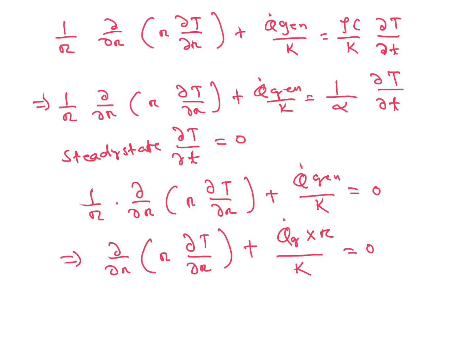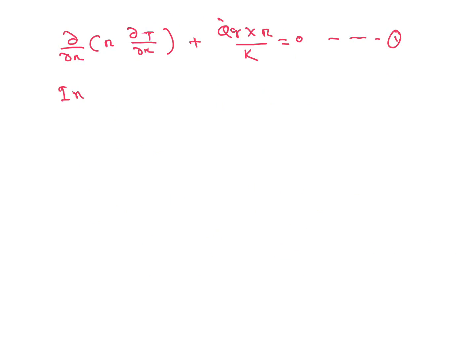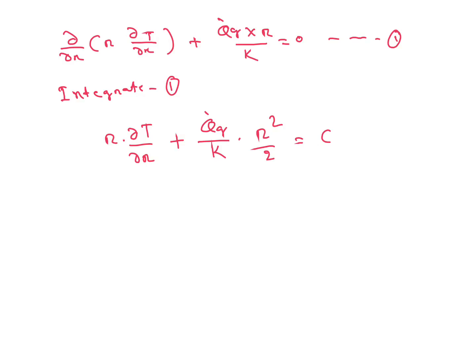Let this be equation 1. Integrate equation 1, then we will get r dT by dr plus Q generation by K into r square by 2 equal to C1, where C1 is the integrating constant.